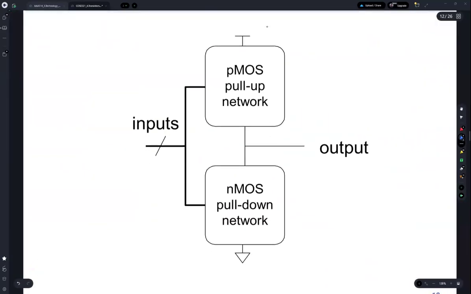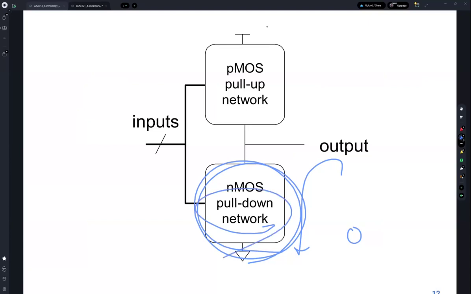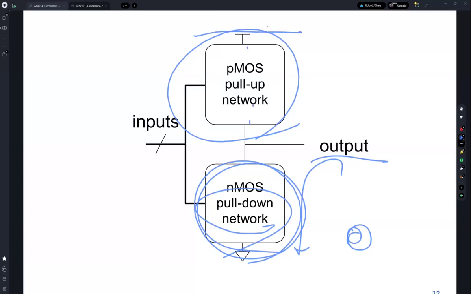So we can understand. The NMOS transistor makes the output 0: when the NMOS pull down network is activated or enabled, output becomes 0. On the other hand, if the PMOS pull-up network is activated, then output becomes 1. Okay, so we can understand like this.